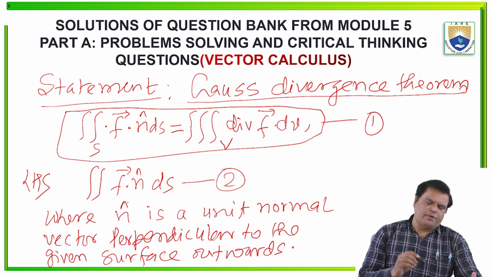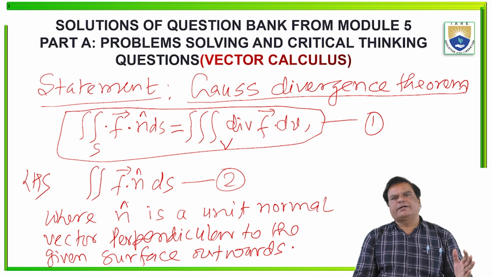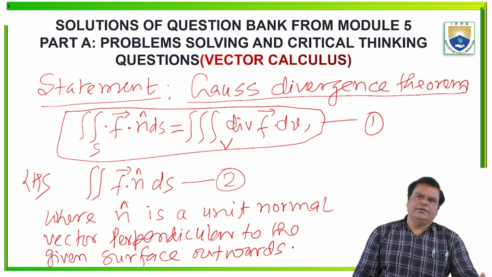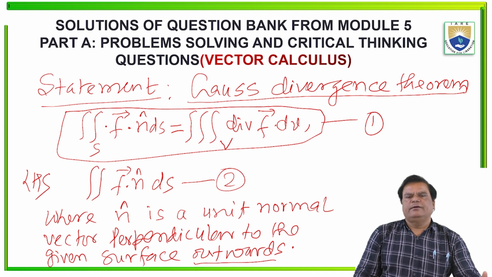The direction of the unit normal vector is to the outside of the given surface.